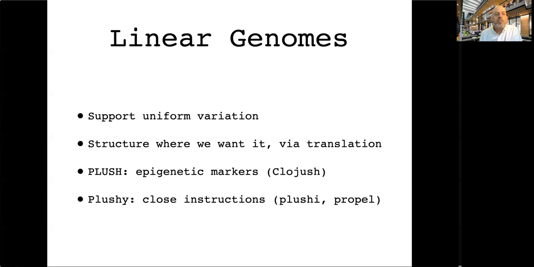If you have linear genomes, and what I'll show in a minute, uniform variation operators operating on linear genomes, you don't get the same kind of problems, at least not nearly as severely or readily. So it would be a different and longer talk to fully dive into why linear genomes are useful, but I do believe they are.